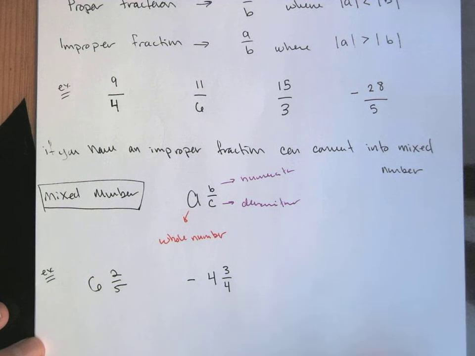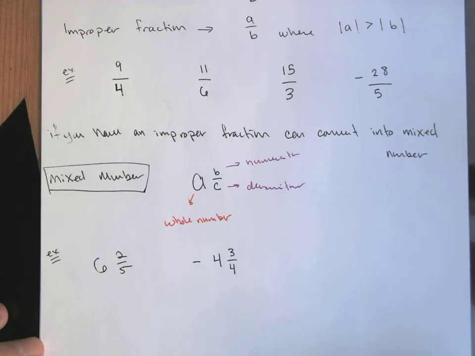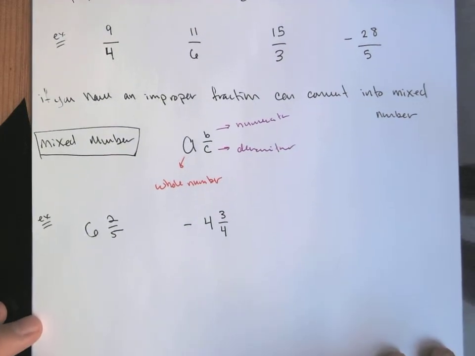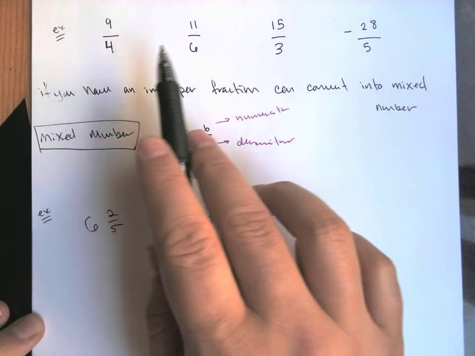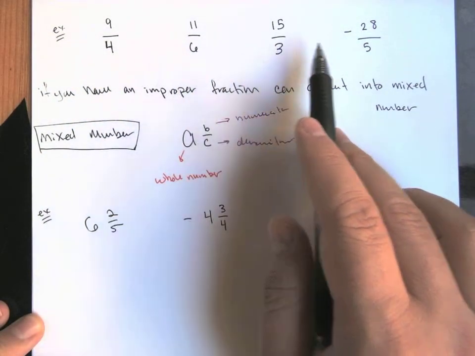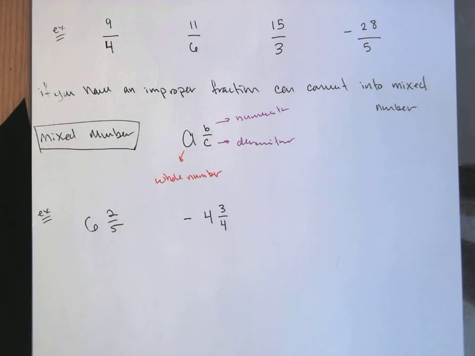So the question here for us is, if I have a fraction value that's larger than 1, I have two ways to write it. I can write it as an improper fraction and leave it in a pure fraction form with a bigger numerator value. That's going to be useful to do other fraction math with it. You're going to need that form to do things like multiply and divide.